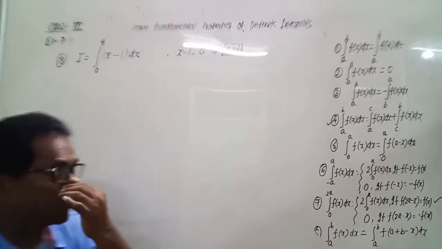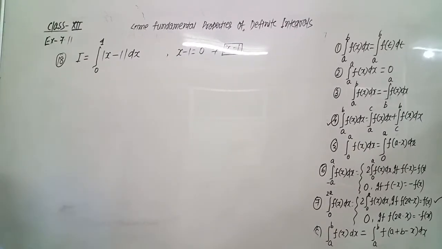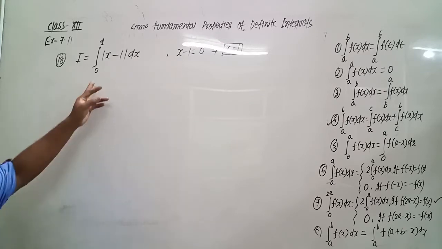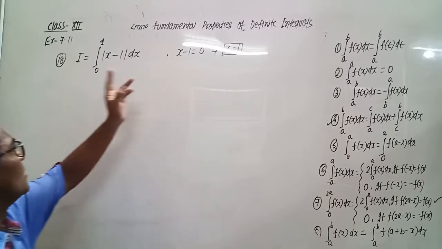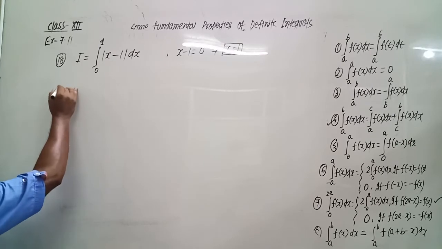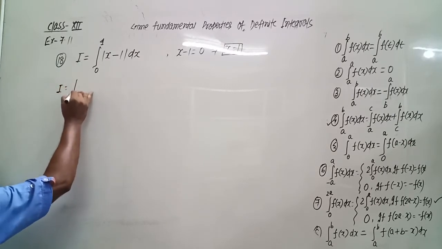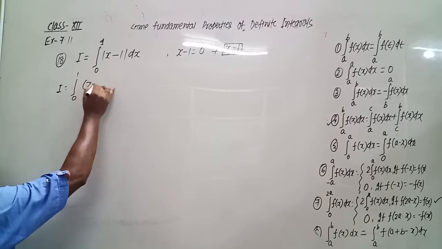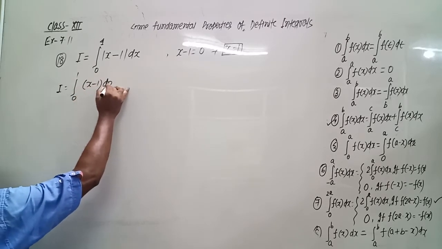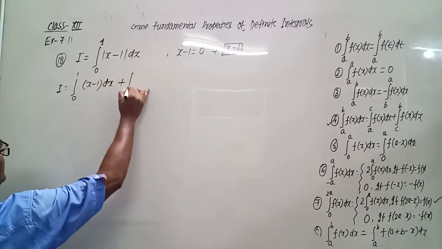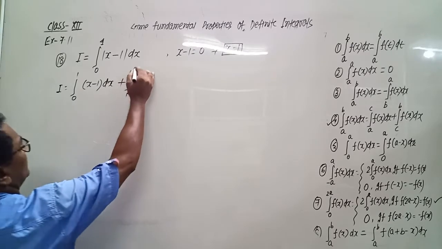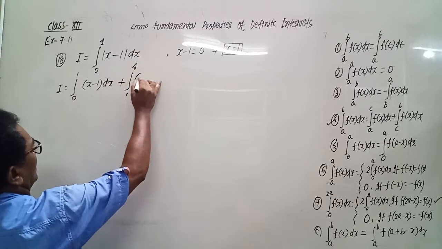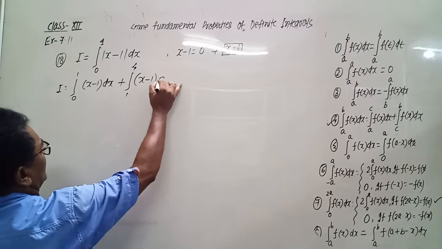We will decompose the limit in two parts, from 0 to 1 and from 1 to 4. So we will write it this way: integration 0 to 1 of x minus 1 dx plus integration from 1 to 4 of x minus 1 dx.